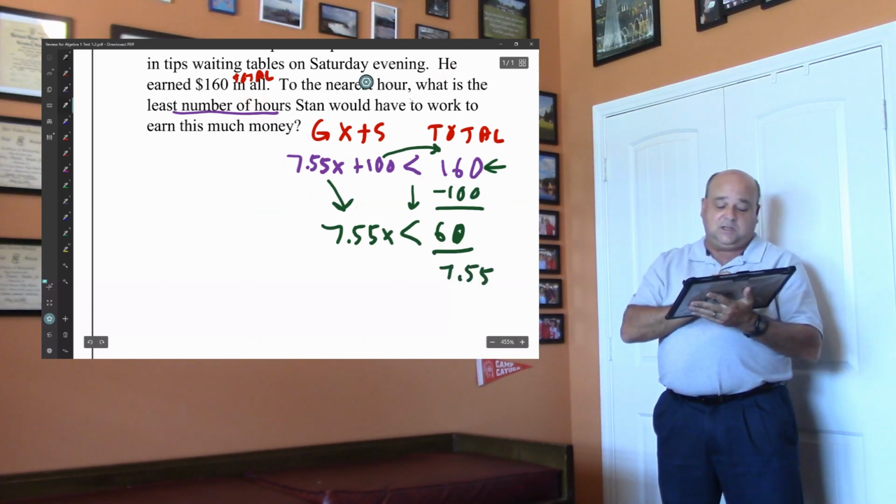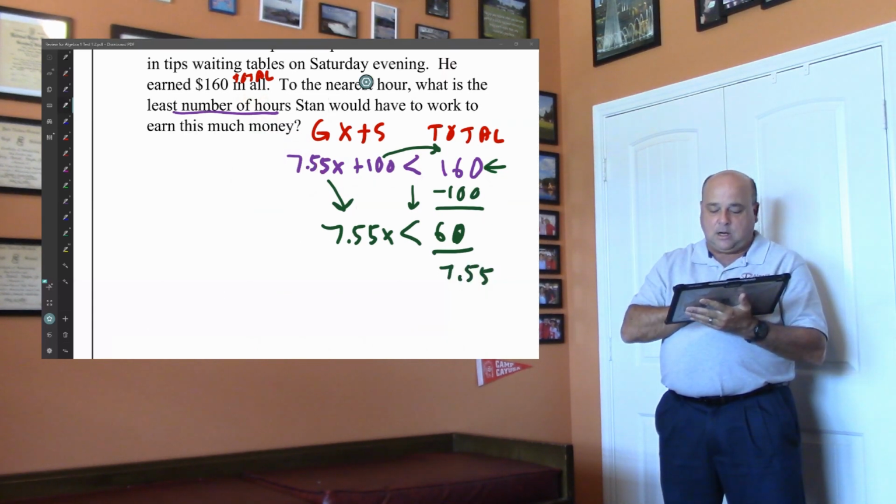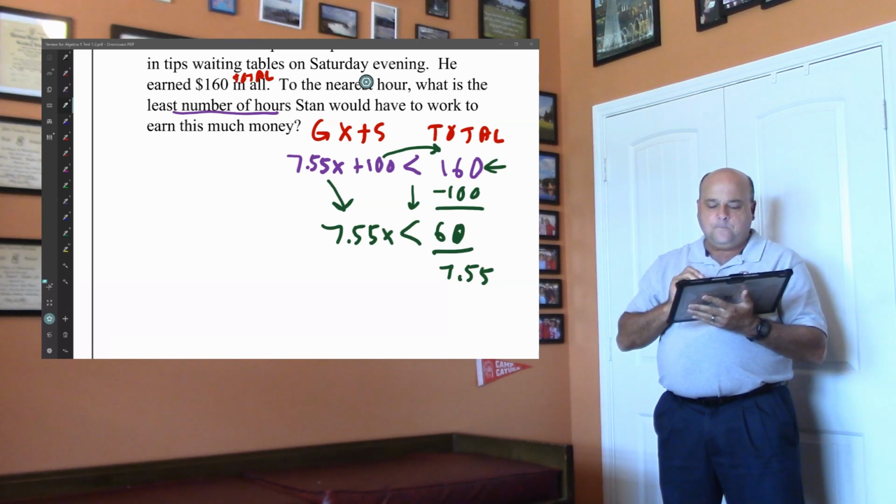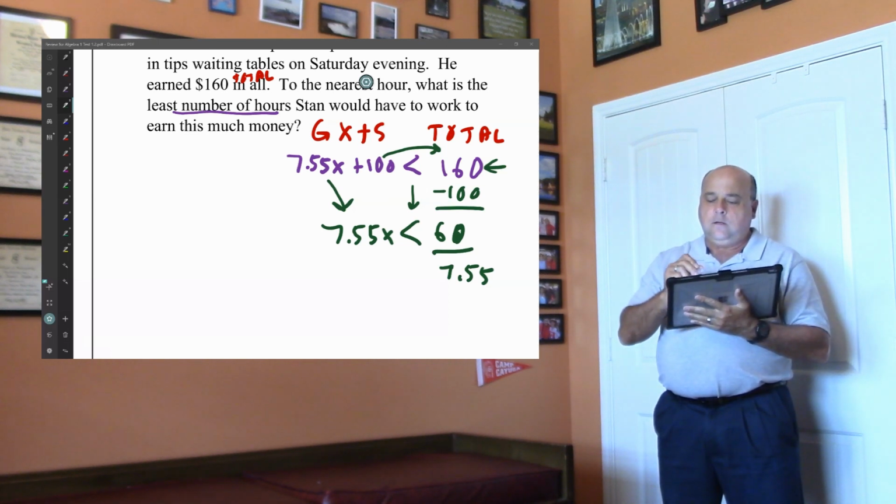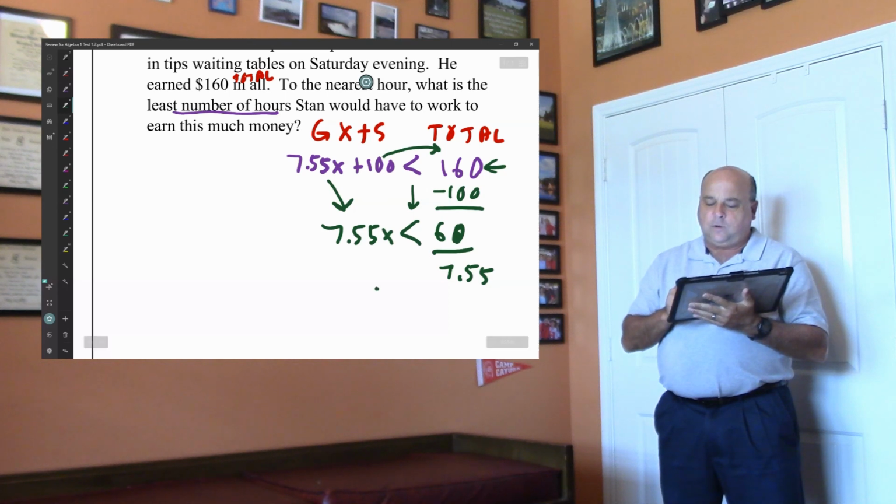Mr. Toops needs a calculator, so let him pull up his calculator right here. So 60 divided by 7.55, and I get 7.94. So x less than 7.94.